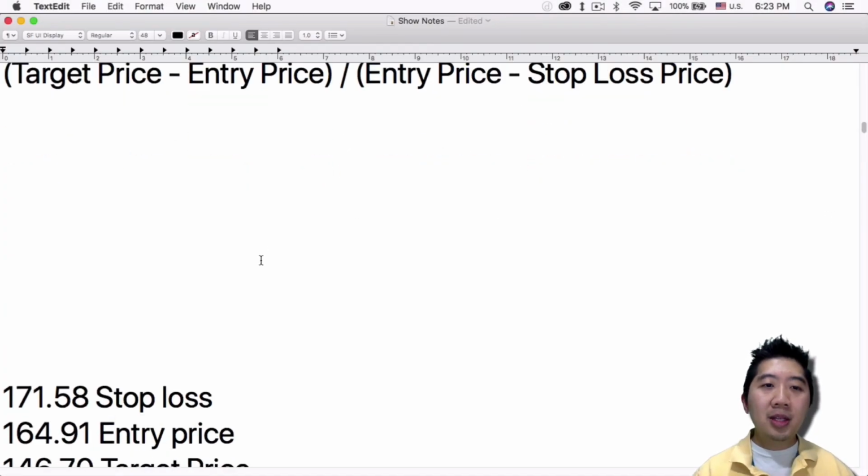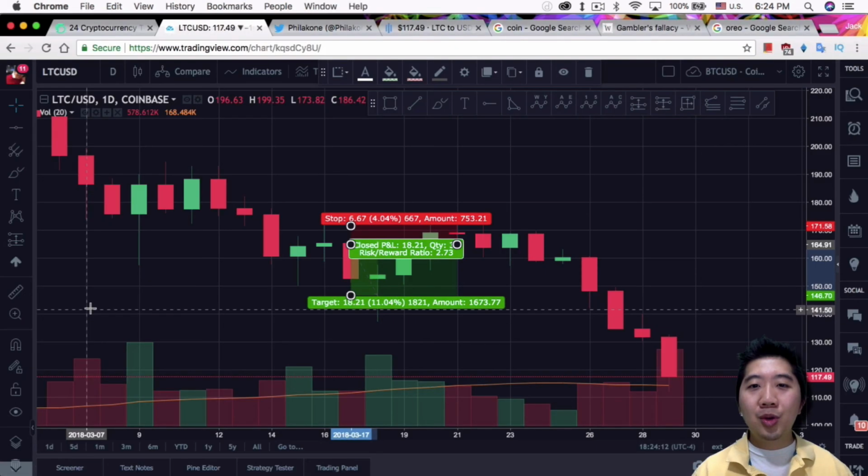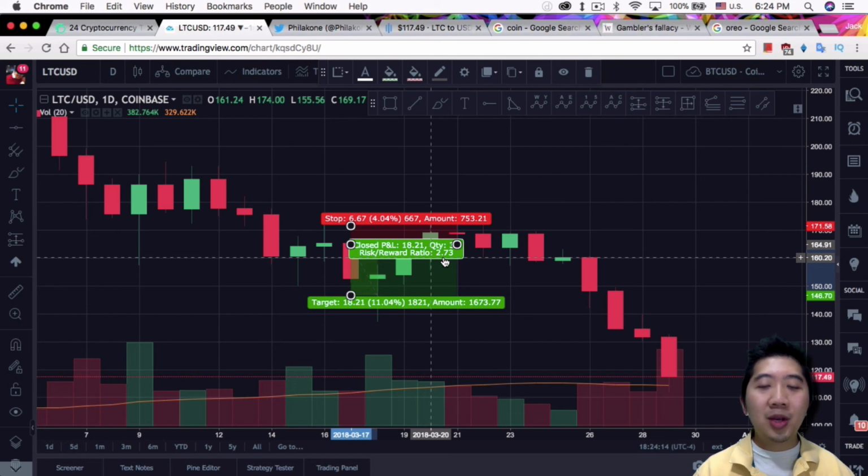So if you fill those in, you get 146.7 minus 164.91 divided by 164.91 minus 171.58. And that equals to negative 18.21 divided by negative 6.67. You can either take the absolute value or the fact that you're dividing a negative by negative, meaning you negate the negatives and it'll be a positive number. And the answer is 2.73, which is exactly what they show here.